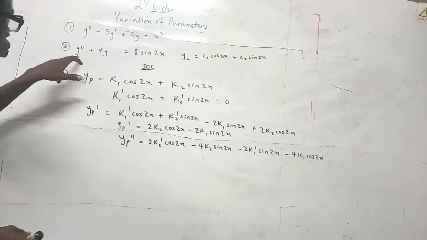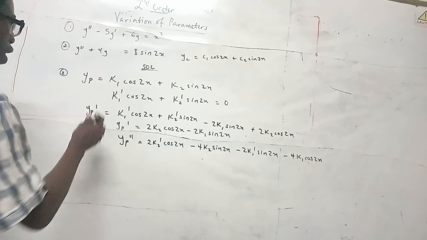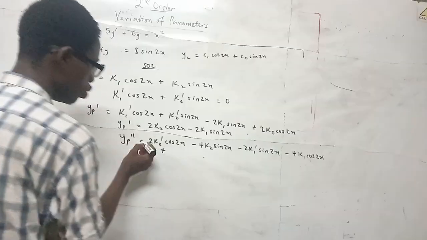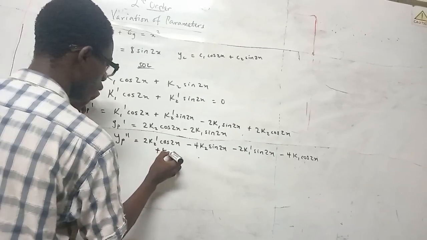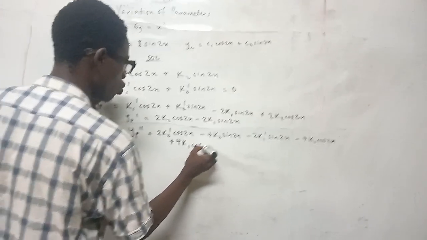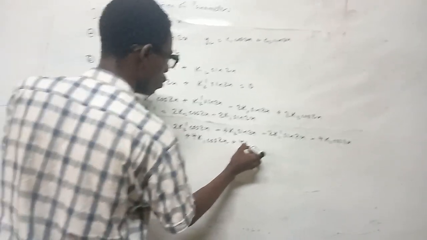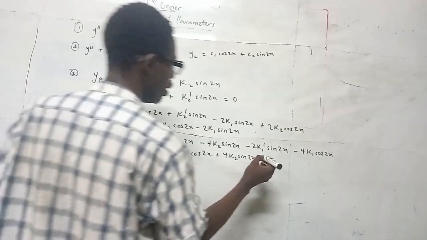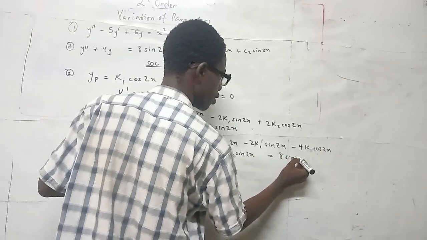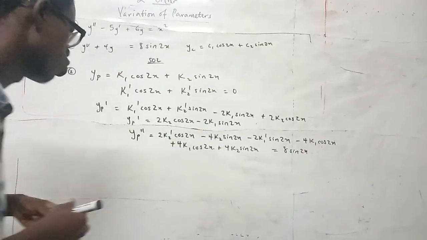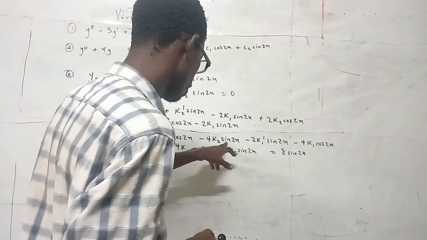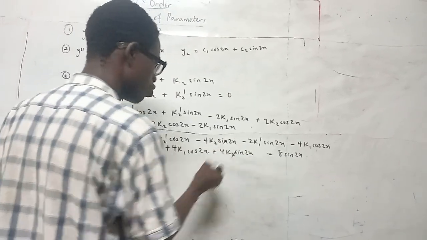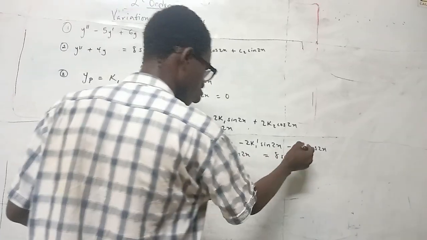So the equation says y double prime plus 4y. We are going to add 4 of this to this one: plus 4k1 cos 2x plus 4k2 sine 2x. Everything should be equal to 8 sine 2x. Now let's compare. This is minus 4k2 sine 2x, this is plus 4k2 sine 2x, it cancels out. Plus 4k1 cos 2x, this one also cancels out.